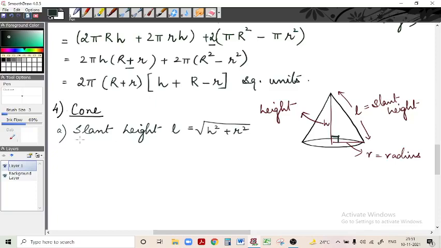Now comes volume of the cone: 1 by 3 pi r square h cubic units.